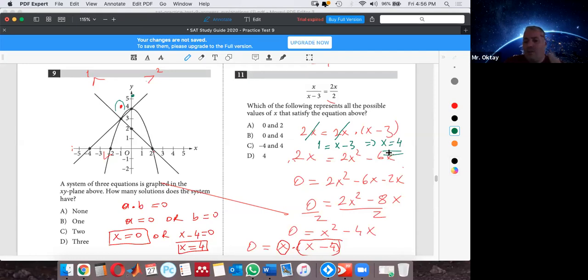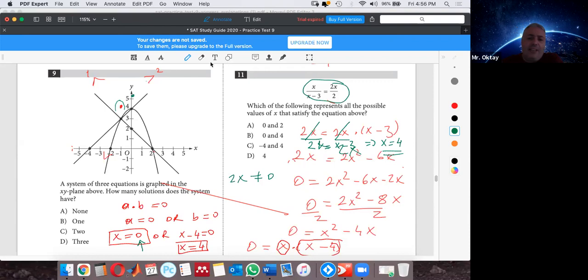Why wrong? We can cancel things if that number is different than 0. I mean, when you divide by 2x, if 2x is different than 0, you can do this. But you see, x is 0 is our solution. This is quadratic, second degree. So I cannot cancel out.